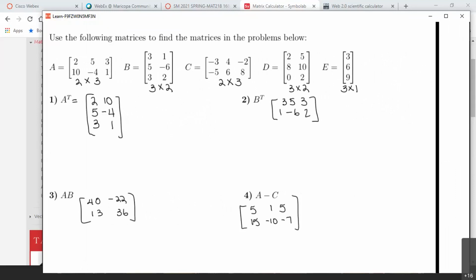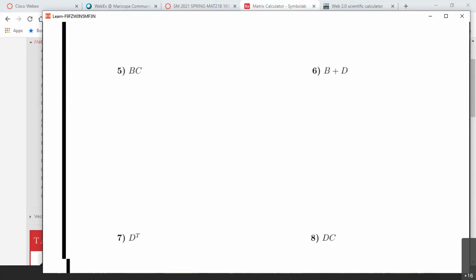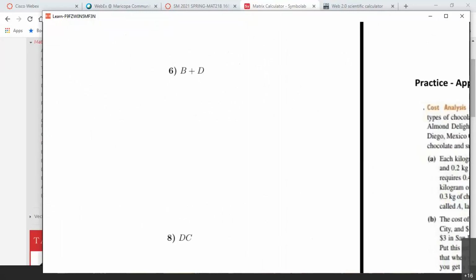If I don't actually fill them in while we're in class, not to worry, I'll make sure everything gets filled in. Now there's another page of examples which I'd encourage you to try on your own with your calculator, but I will definitely upload solutions to these as well, so you can see them.